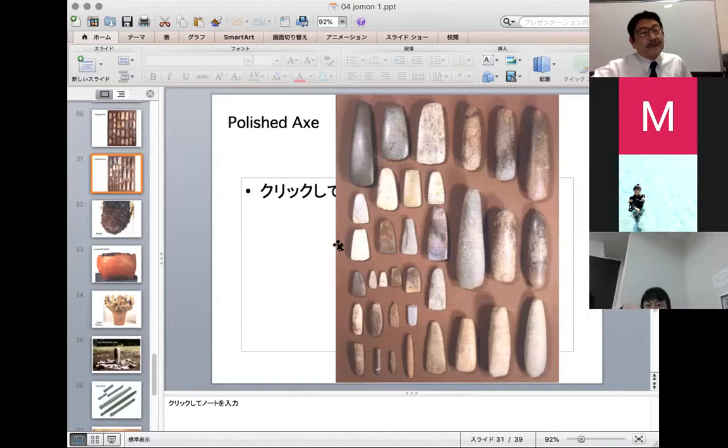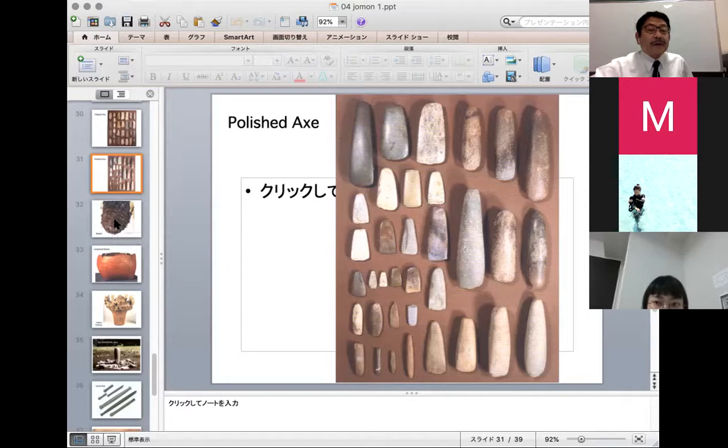So they could spend those on this kind of work too. Paleolithic people could not do this. They didn't have time and energy for that. So that's the result of the environmental change and the adaptation strategy of Jomon people. Very aggressive, I would say.